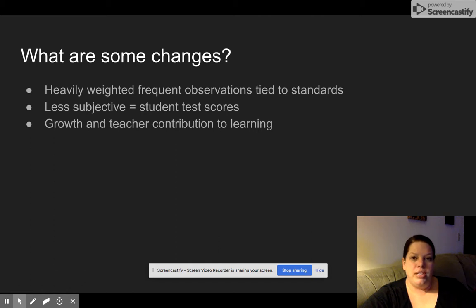There's a push for things to be less subjective, like where you're not thinking about feelings, but more data-wise. So that's why there's a push for using student work or student test scores, because that's less subjective. And really looking at growth and the teacher's contribution to learning. How much student growth are we seeing with a teacher?